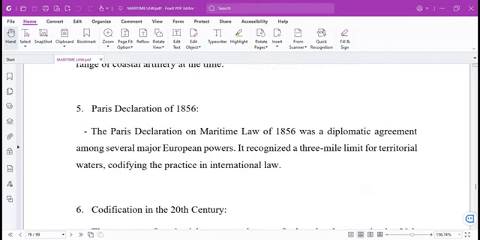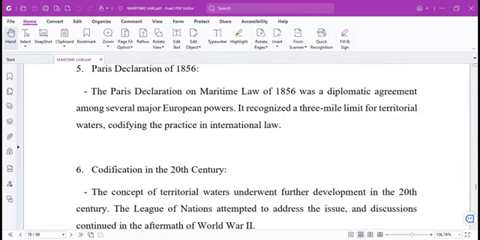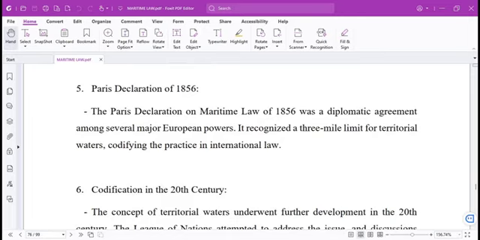The Paris Declaration of 1856. The Paris Declaration on Maritime Law of 1856 was a diplomatic agreement among several major European powers. It recognized a 3 mile limit for territorial waters, codifying the practice in international law.